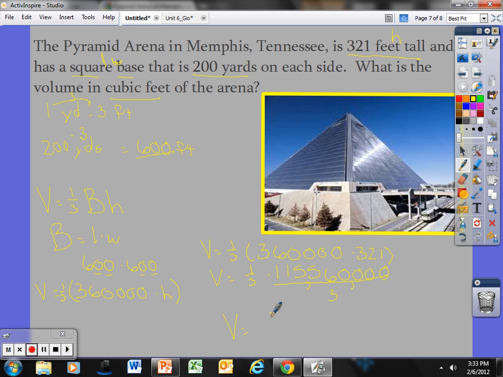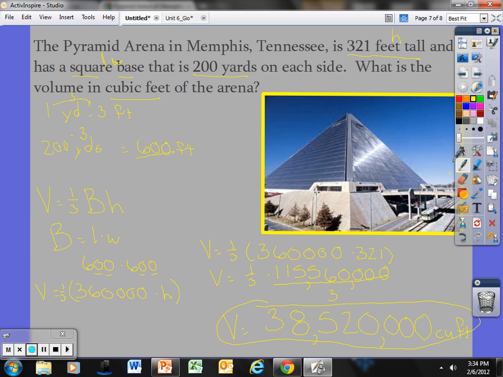That gives me the volume in cubic feet is 38,520,000, commas in here, 1, 2, 3, okay, and this is cubic feet. So the volume of the Pyramid Arena in Memphis, Tennessee is 38,520,000 cubic feet. Wow, that is large.